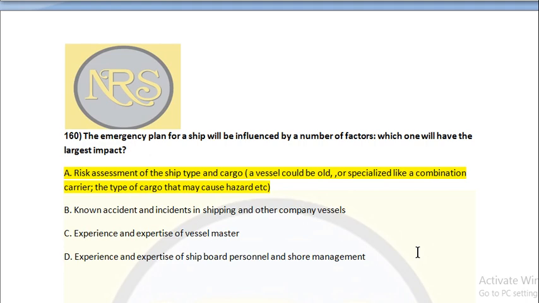So risk assessment has to be taken for such types of ships and certain types of cargo. Option B, known accidents and incidents in shipping and other company vessels. Option C, experience and expertise of vessel master. Option D, experience and expertise of shipboard personnel and shore management. The correct answer is option A, risk assessment of the ship type and cargo.